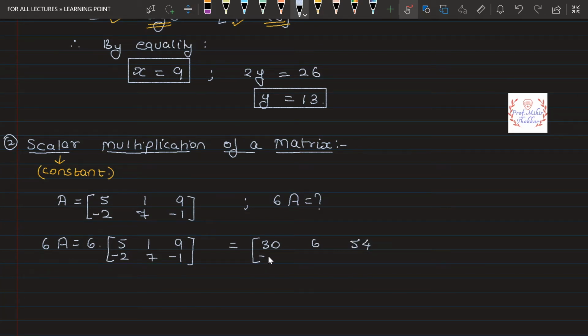This will be -12, 42 and -6. That is just the basic scalar multiplication.